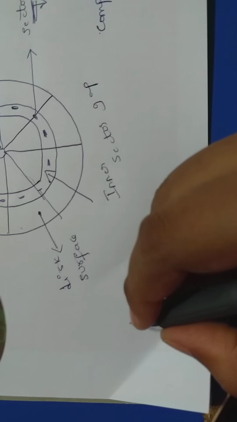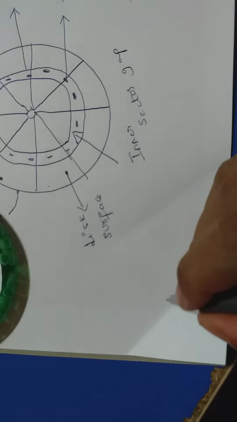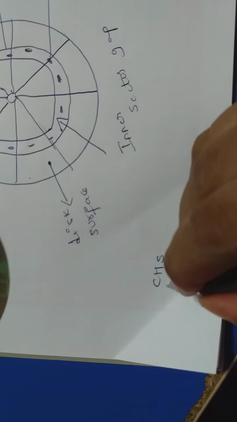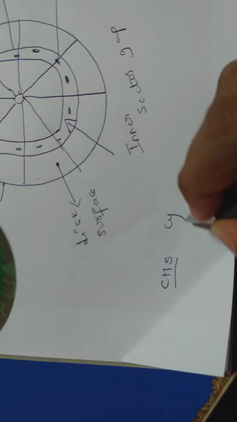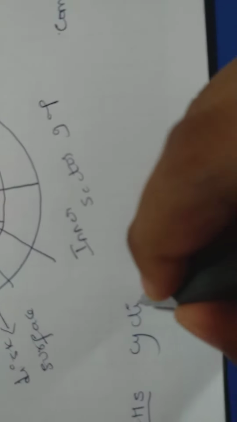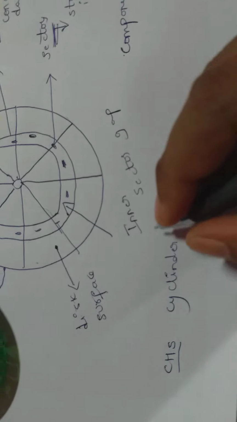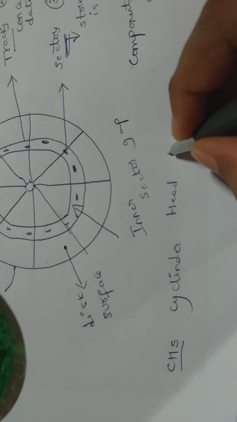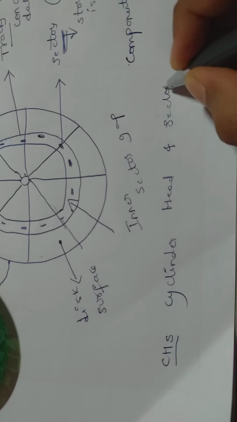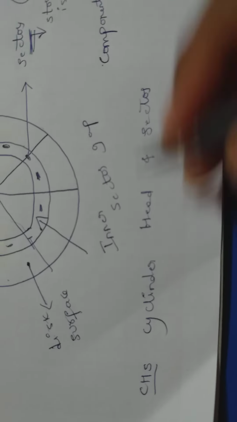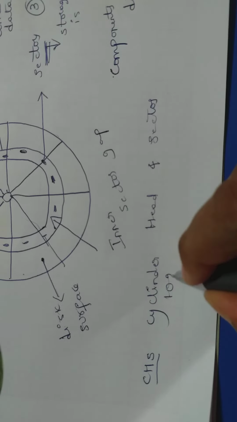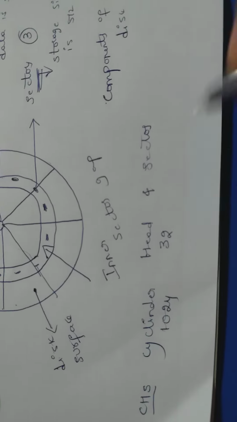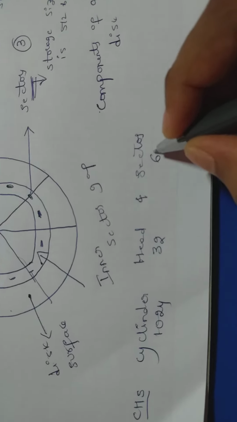One more point is we have to calculate the CHS also. What is meant by CHS? Cylinder, head and sector. For example, 1024 cylinders are there, heads are 32, and sectors are 63.